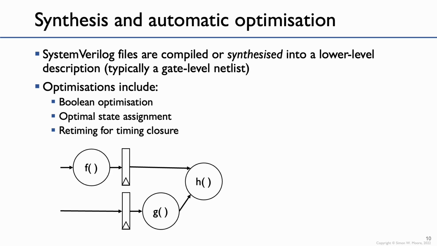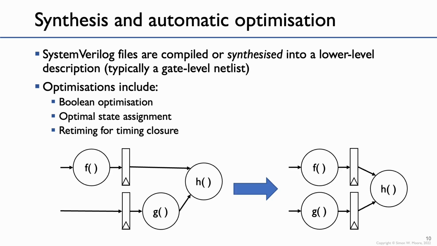In other words, the path is just too long. Then what the tools can do is automatically look at moving G to the other side of that D flip-flop. And it can do so provided it can basically prove to itself that it is still functionally equivalent.